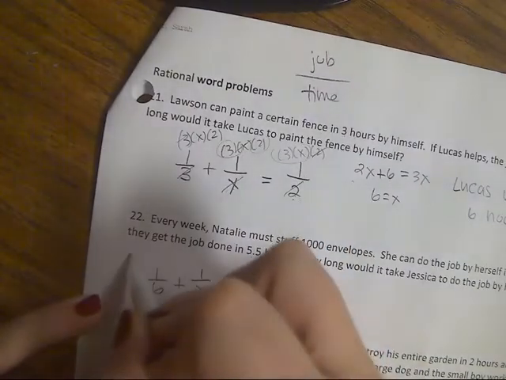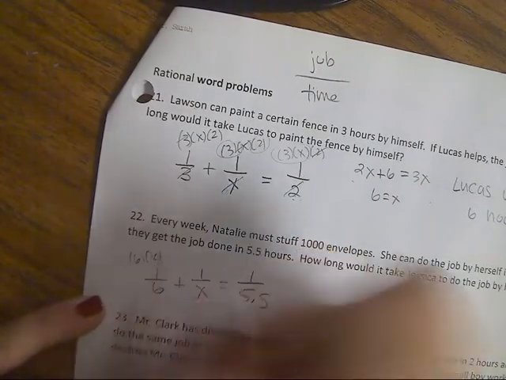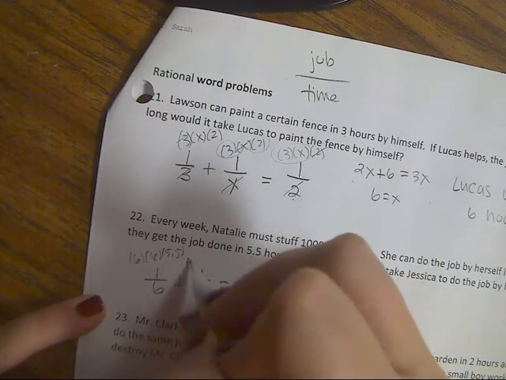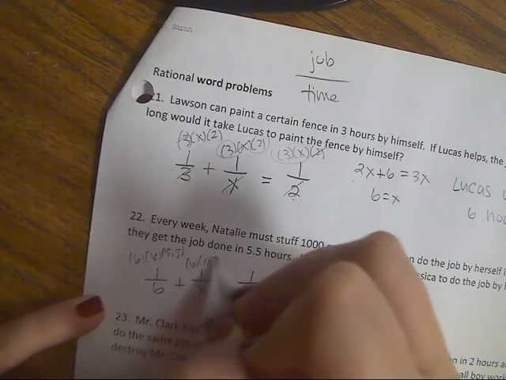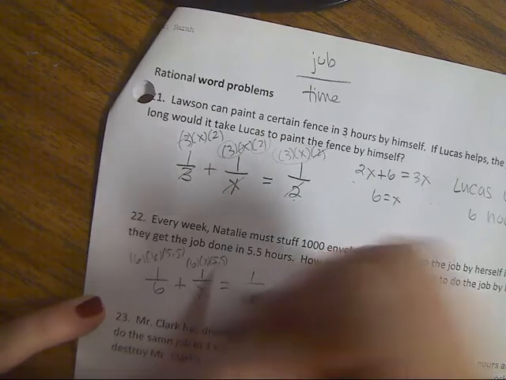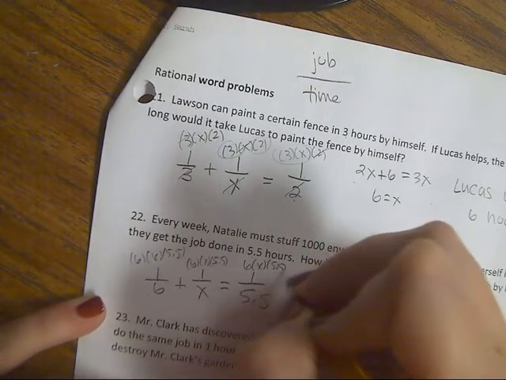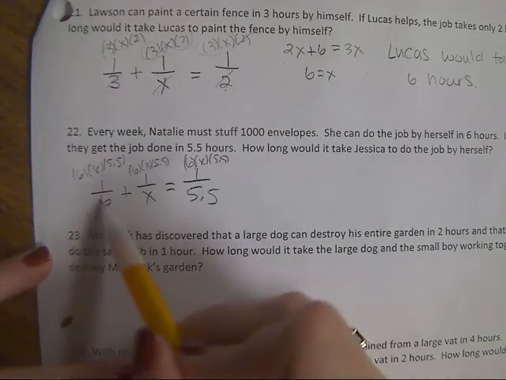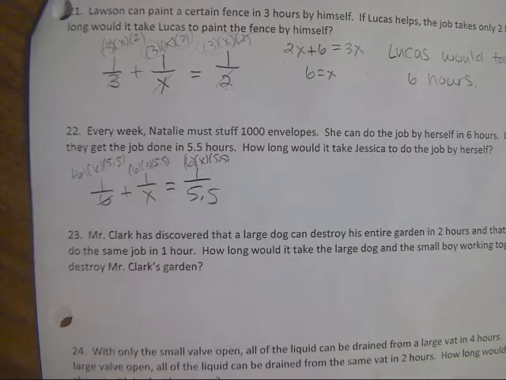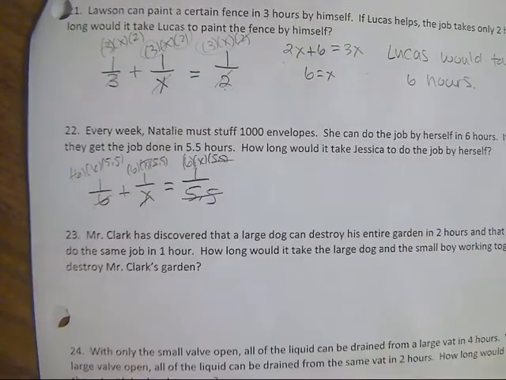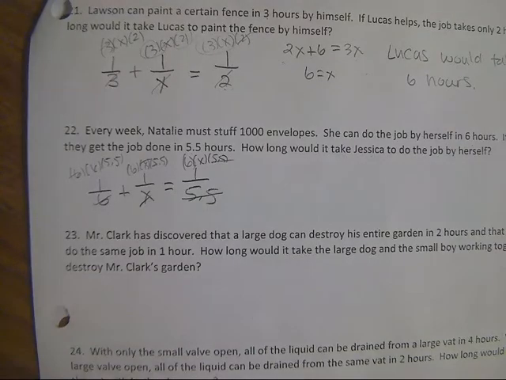They're all going to get multiplied by 6x and 5.5. All right, let's cancel out some common denominators. We have 6 and 6, x and x, and on the end we have 5.5 and 5.5.